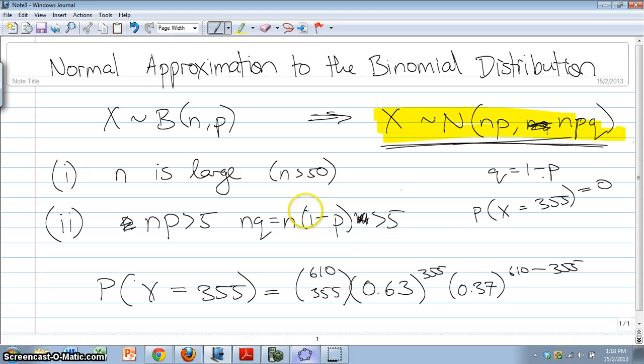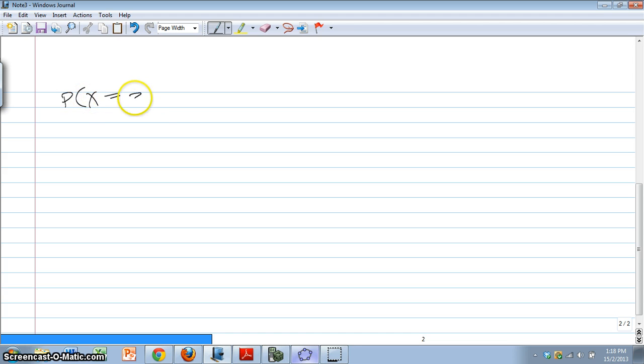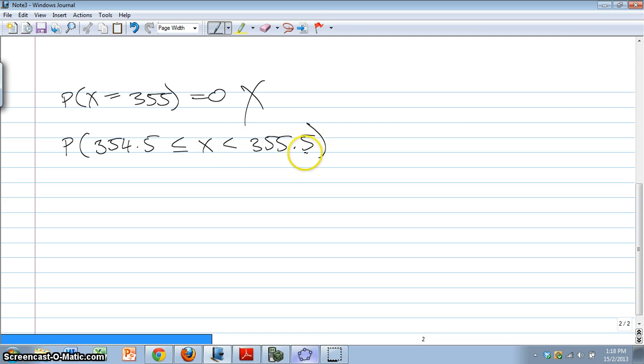So here I'd instead consider the probability that, sorry, let me start on a new one. Here, we already worked out the probability x equals 355 ought to be 0, so we can't have that. Instead, I'd do the probability of 354.5 less than or equal to x less than 355.5, right?